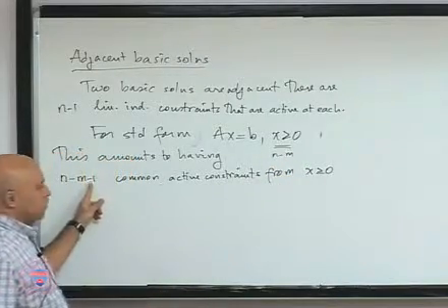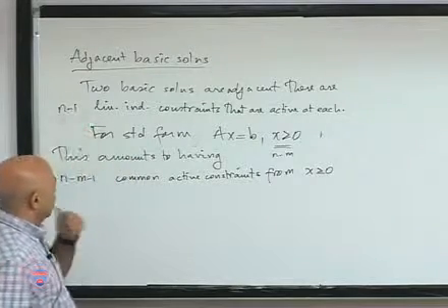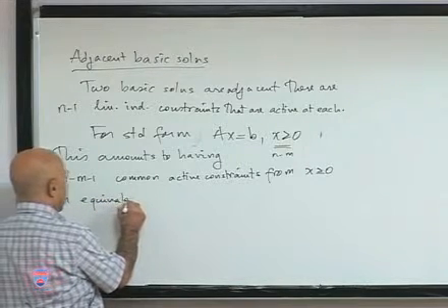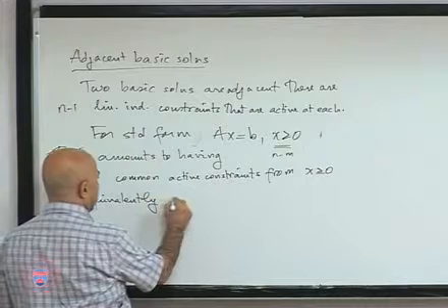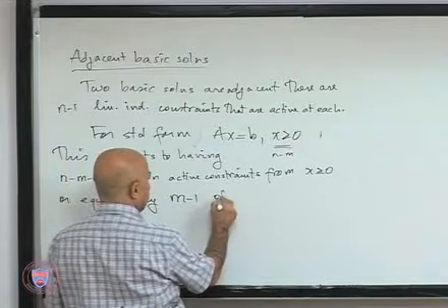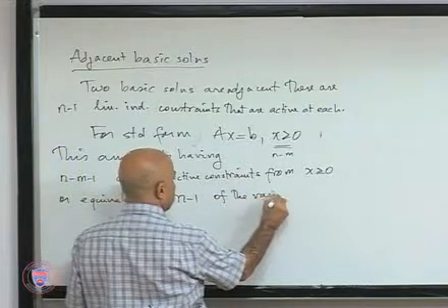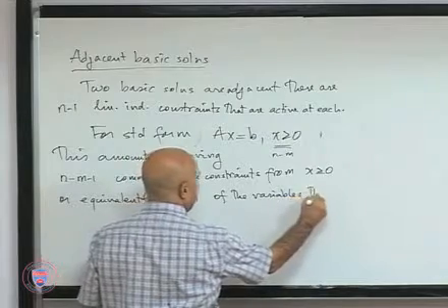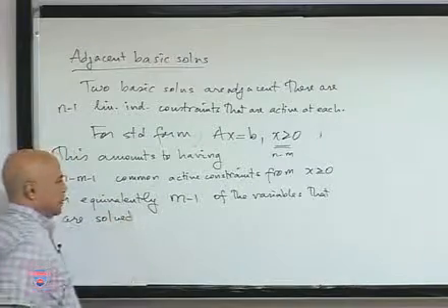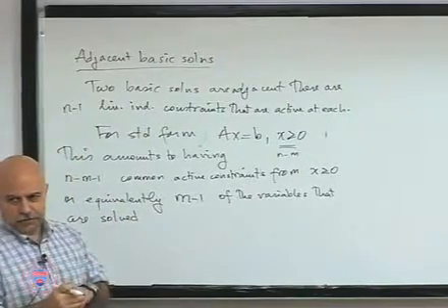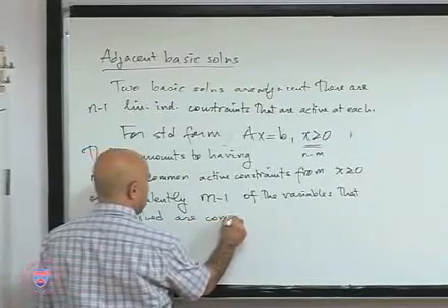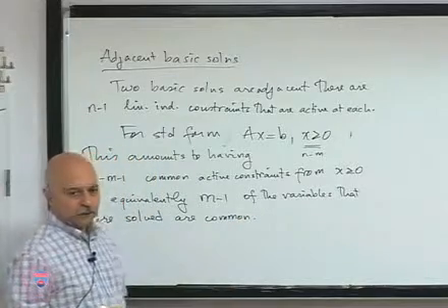So that's why you reduce that by 1 to have n-1. Or equivalently, m-1 of the variables that are solved for, the variables that are not set equal to 0, are common to both solutions.